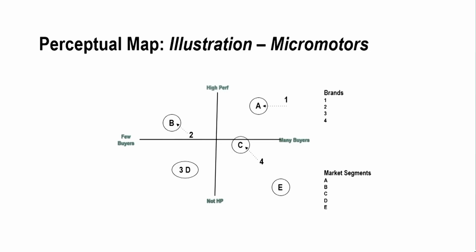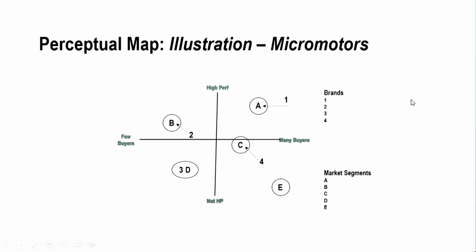This is another way of representing the segments and targeting. So, here you see this is actually a perceptual map, which always shows your position with respect to the competitors.